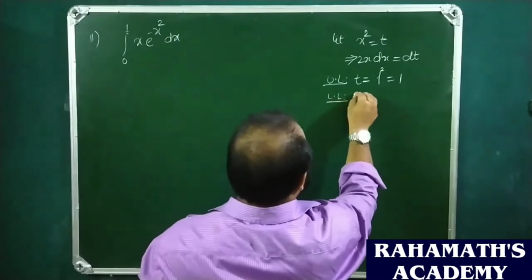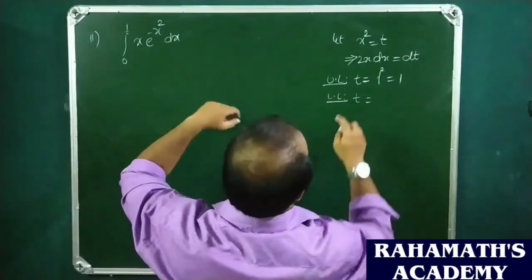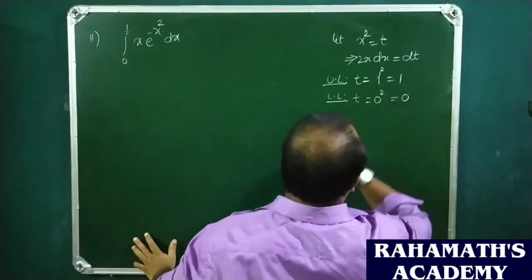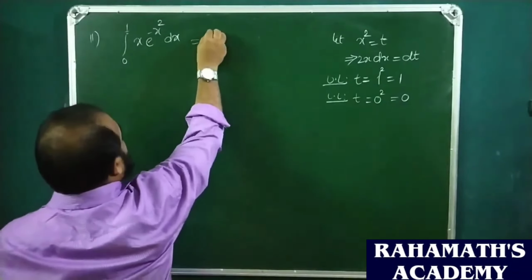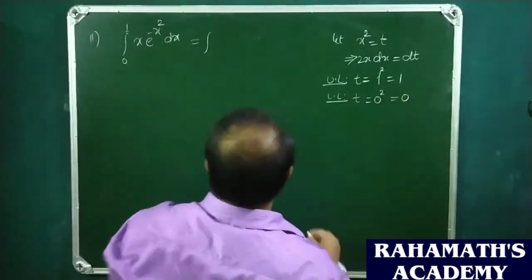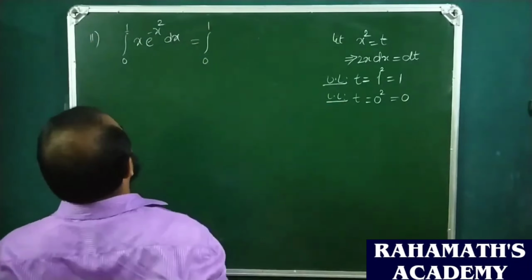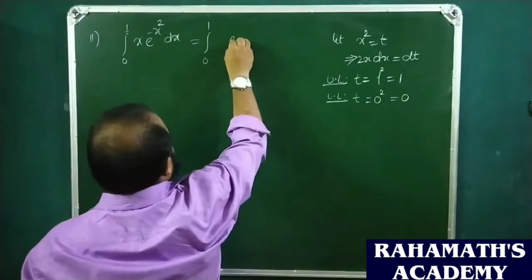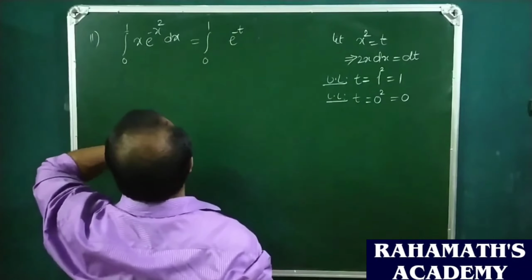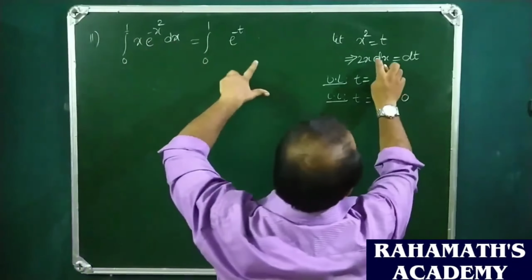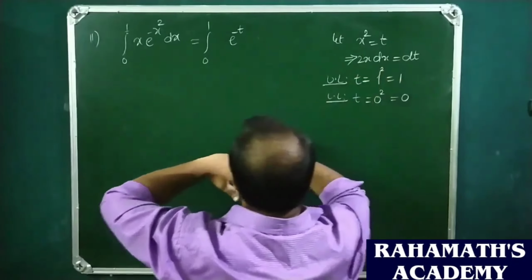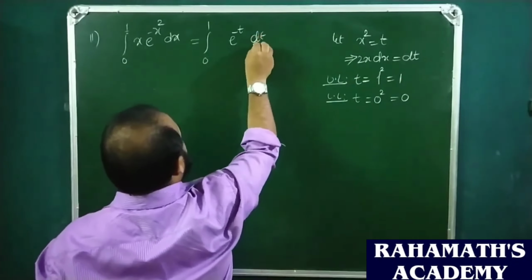Lower limit: t equals 0 square, which is 0. So this will become 0 to 1, still 0 to 1 only. So e power minus x square is e power minus t. x dx: 2x dx is dt, so x dx is dt by 2.